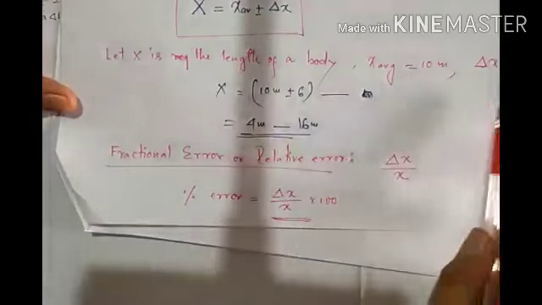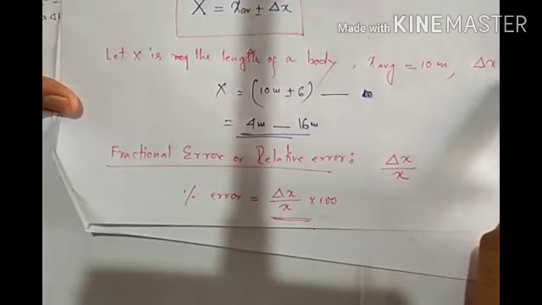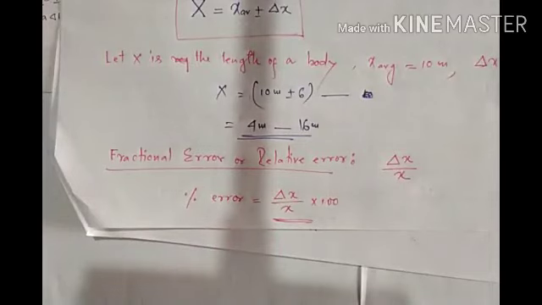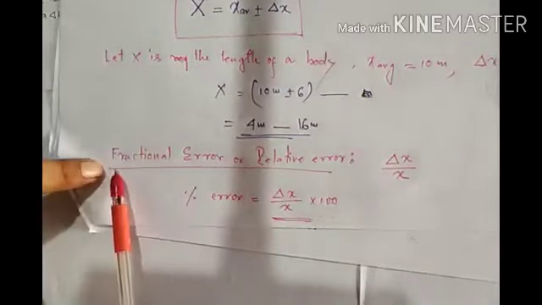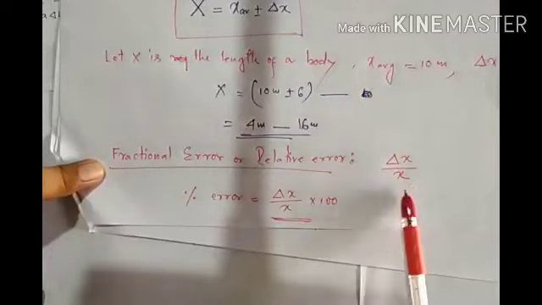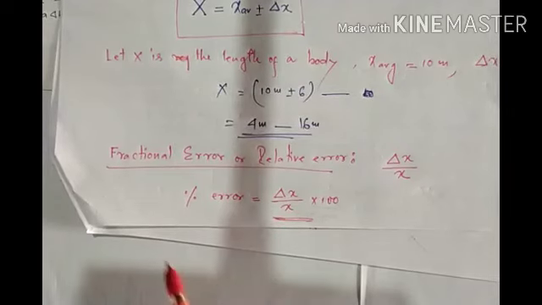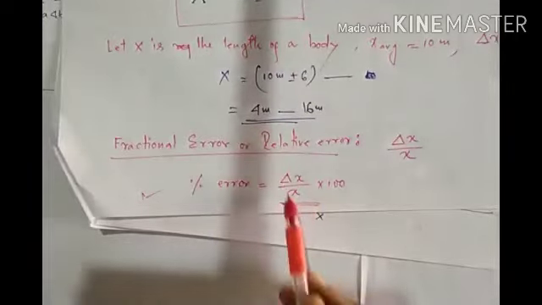Here the random error was 6 meter, and therefore we got a very wide domain of values, which is not acceptable. Now, fractional error is the ratio of the absolute error to the respective value of the physical quantity. Another term, percentage error, is delta x by x into 100.